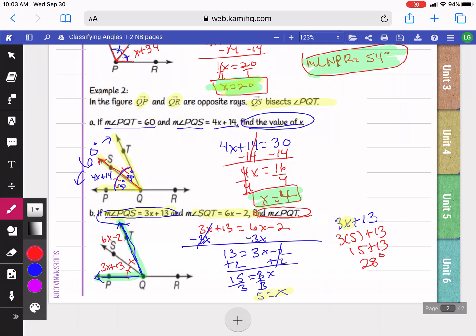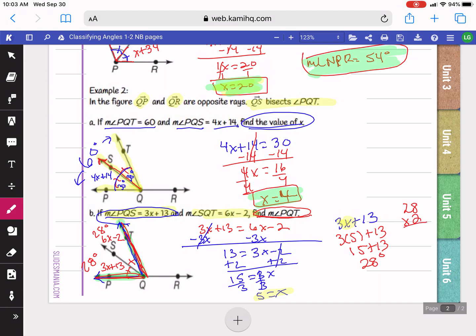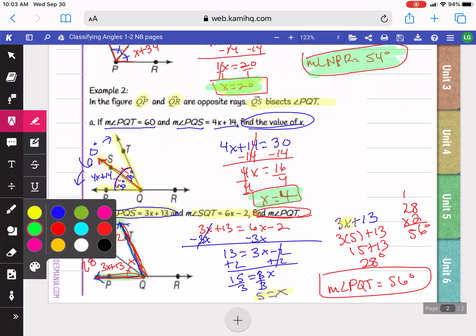So 3x plus 13 is equal to 28 degrees. And since this big angle was bisected, angle SQT is also equal to 28 degrees. We want PQT, which is the whole big angle. So you can just add 28 and 28 together, or do 28 times 2. So if we do that, we get 56 degrees. So the measure of angle PQT is 56 degrees, and that would be our final answer.